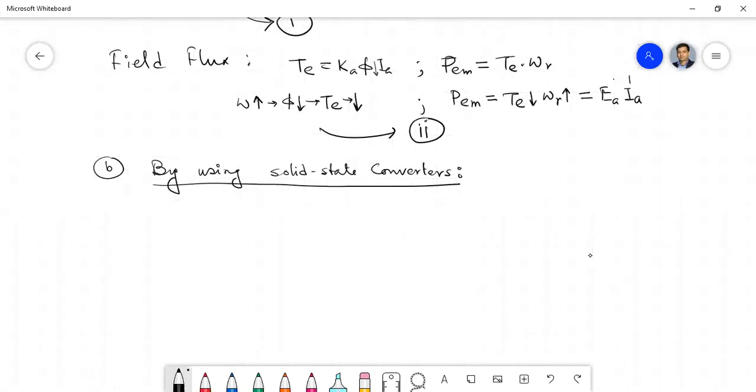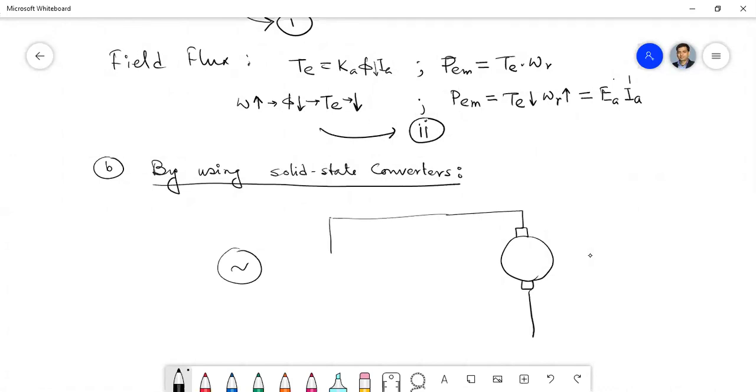Suppose you have some alternating power supply, and you need a DC out of it. How can you convert this from AC to DC? Do you have any idea? Have you studied this?